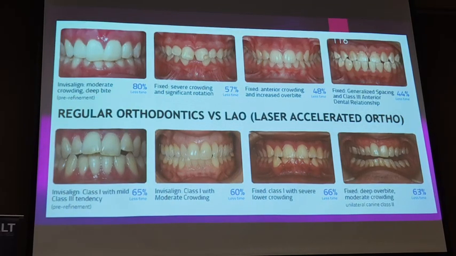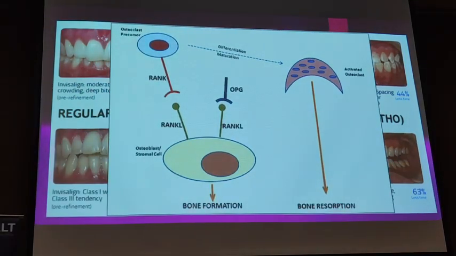Like this, there is already scientific literature available on the internet, in PubMed, medical publications. So how does the light, the laser, the MIC light, really affect it? It is stimulating RANK and RANKL for the osteoclast, for the bone resorption, and in the retainer phase for the bone formation.